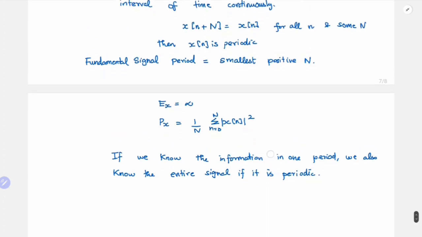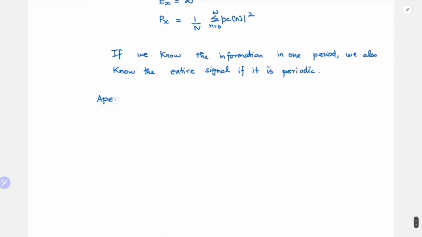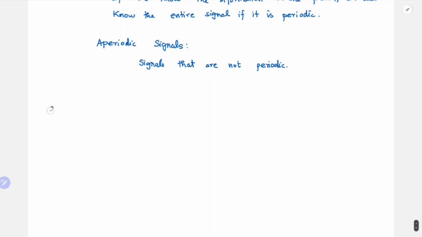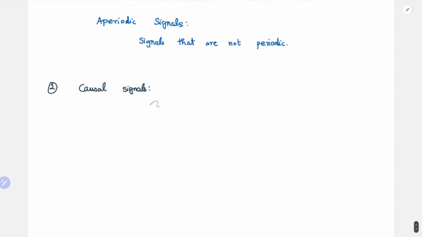Okay. So what about aperiodic signals? It is nothing but signals that are not periodic. So then we have causal signals. So causal signals are nothing but x of n should be equal to 0 for n less than 0.